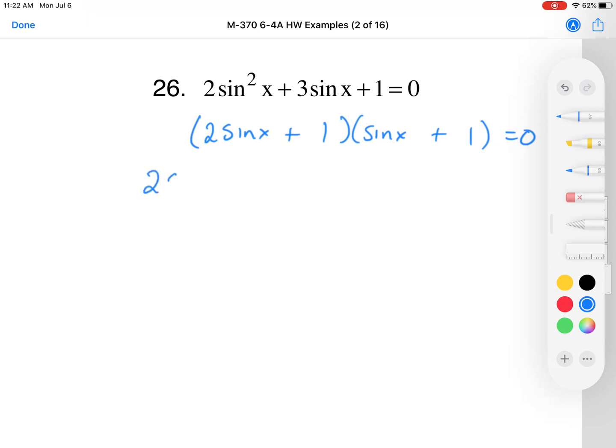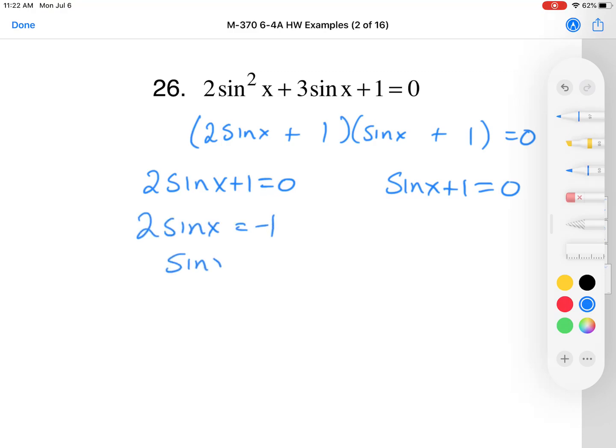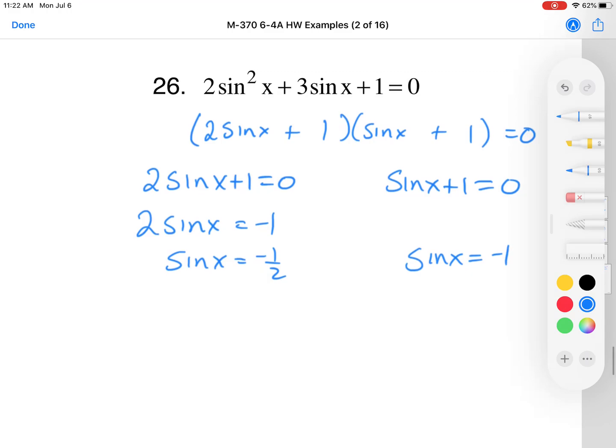All we need to do is find out where 2 sine x plus 1 is equal to 0, or where sine x plus 1 is equal to 0, or where 2 sine x is equal to negative 1, or sine x is equal to negative 1/2, or where sine x is equal to negative 1.